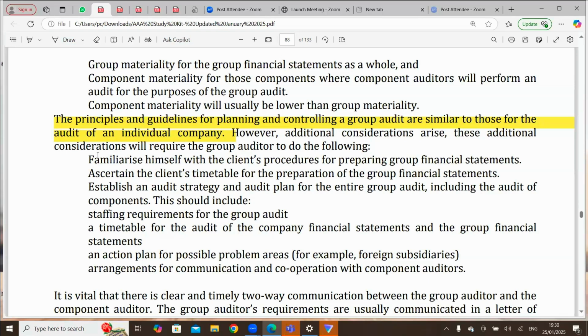Now, we said this audit strategy and audit plan should contain staffing requirements, a timetable for the company's financial statements, and an action plan of possible areas that you will encounter. They're also supposed to have arrangements for communication with the component auditor. So all these things are points.